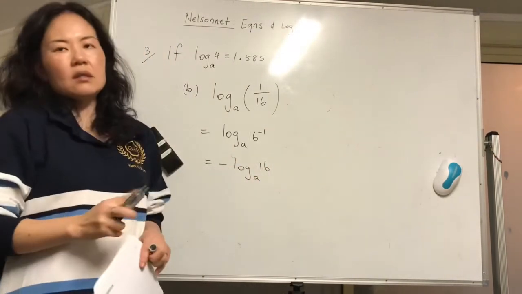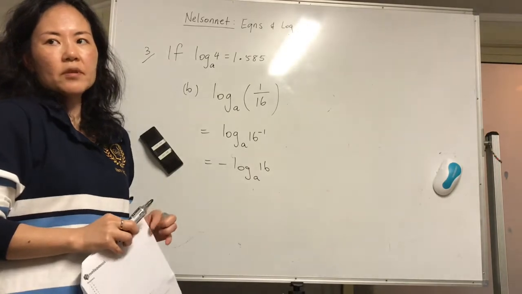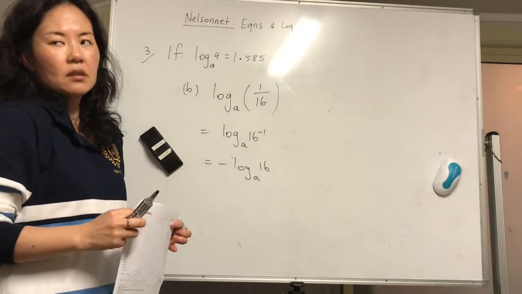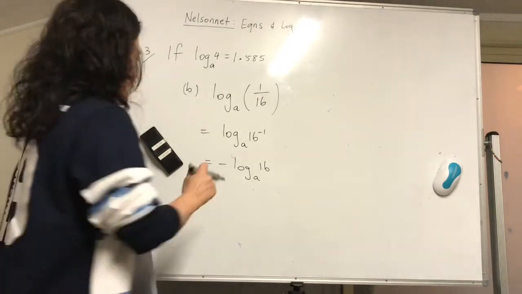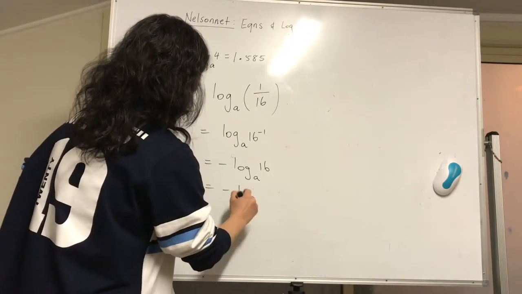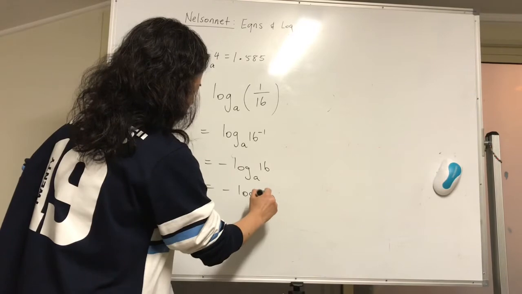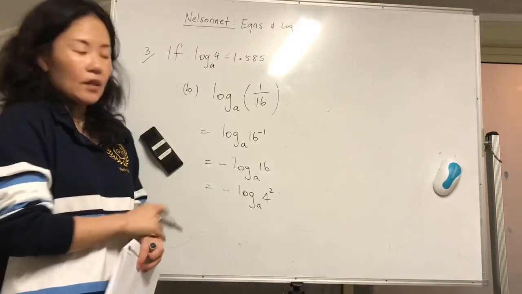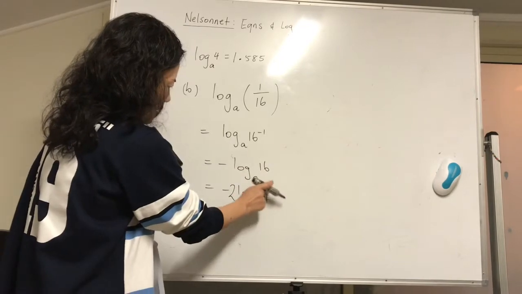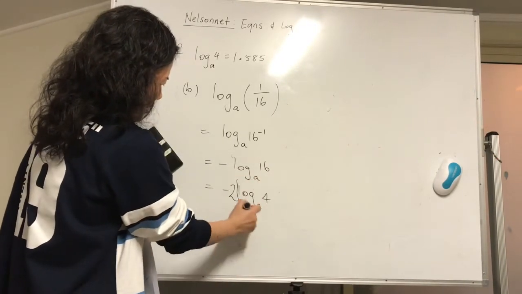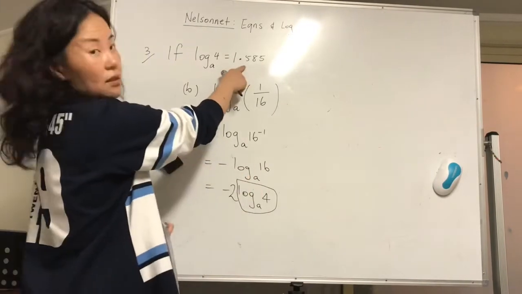Now, what kind of number is 16? Square number. So it'll be 4 squared, isn't it? Yeah. So I'm going to bring the 2 to the front, yes? Okay. And then what happens with this now? I can replace it with this.